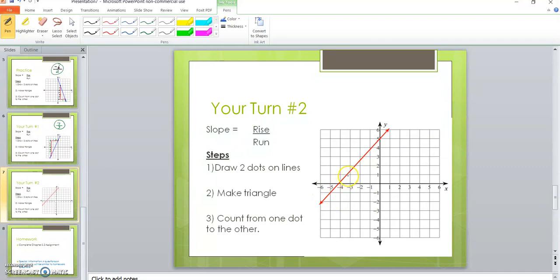So for example, I cannot put a little dot right there because it's not on the cross or intersection. I couldn't put it right here because it's not on the intersection. So I want you to look right here and see if you can find out where it would be on the intersection.